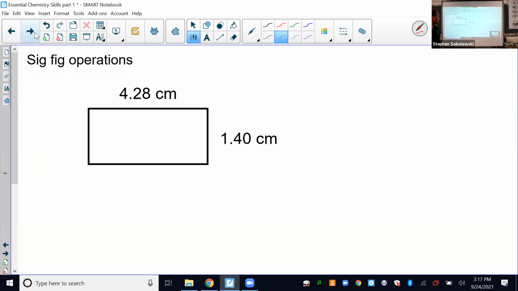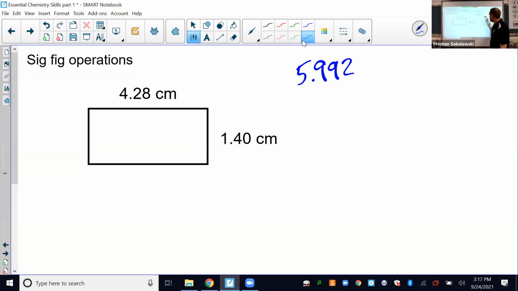So for example, let's say you're doing a simple area calculation. How do we find area? Length times width. 4.28 times 1.40. Calculator tells me 5.992. Let's talk about our unit first.